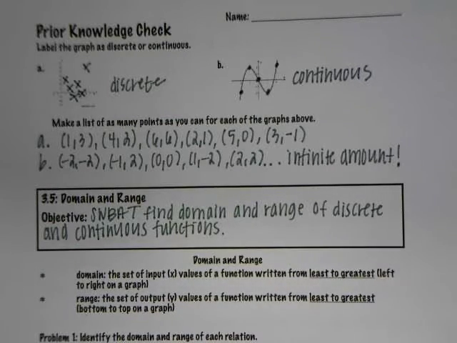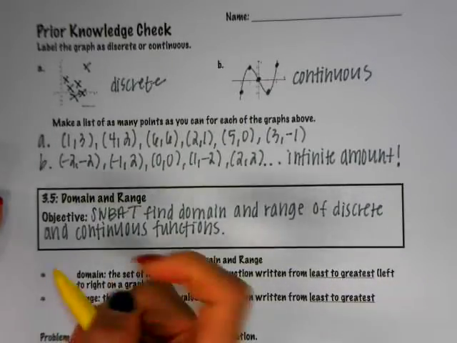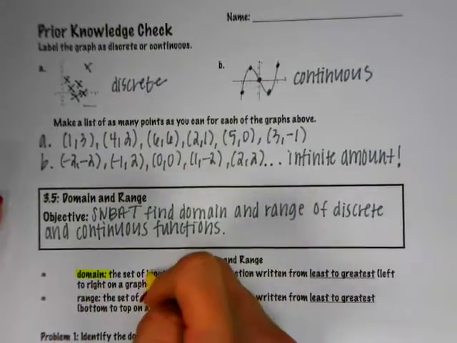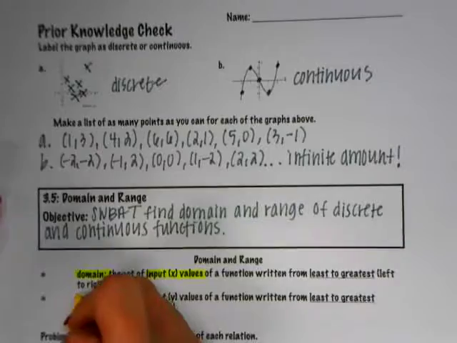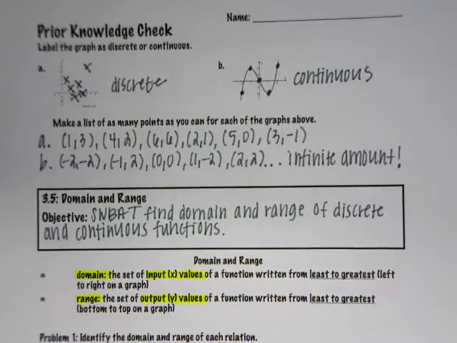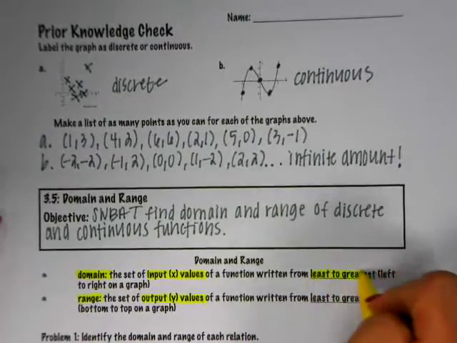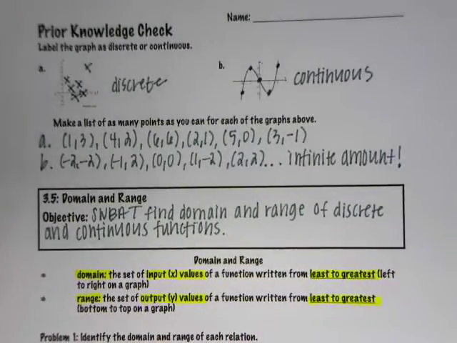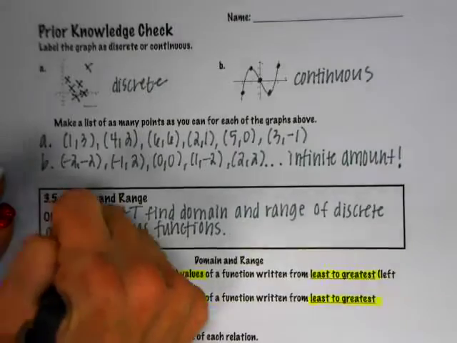All right, so domain and range. Domain is going to be the list of input or x values. Range is going to be your output or y values. They're written from least to greatest, both of them. So domain is written left to right.